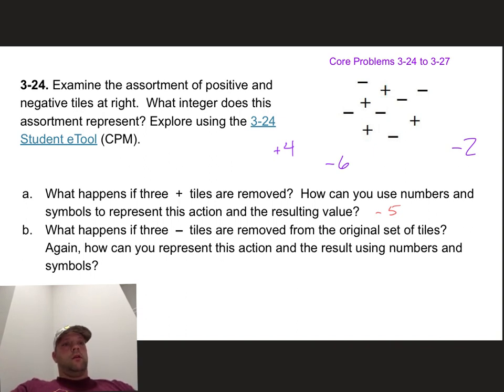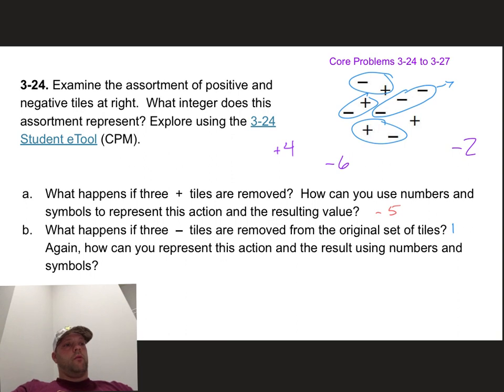And then if we were to remove 3 negative tiles, on this one, we're going to remove 3 negative tiles, and now for my 0 pairs, I have a 0 pair, 0 pair, 0 pair, and I'm left with a +1.